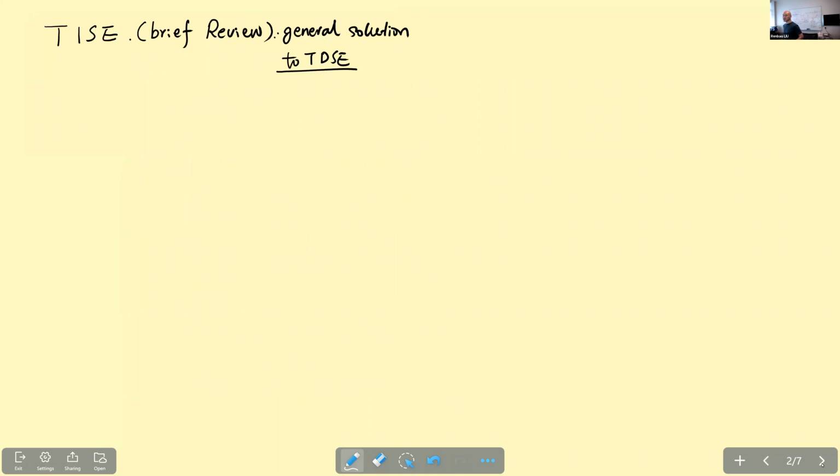Okay, so now let's have first a brief review of the time-independent Schrodinger equation. We have learned last time that the time-dependent Schrodinger equation is just like this one.